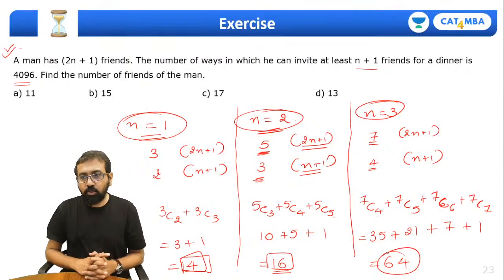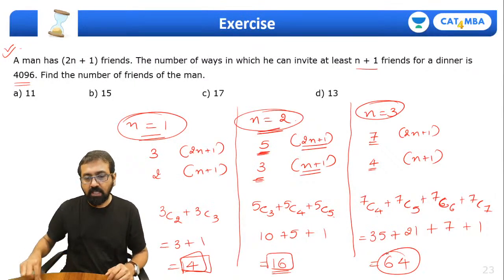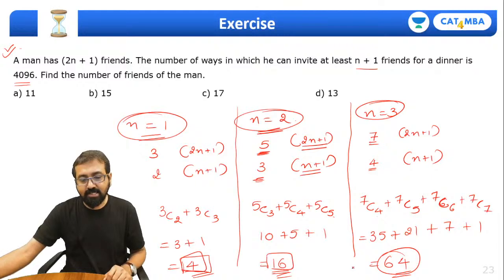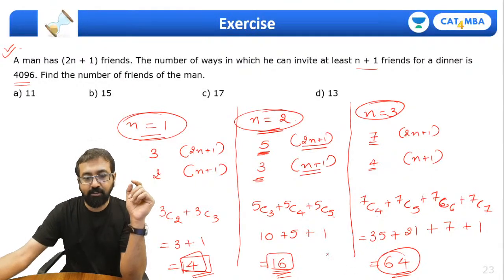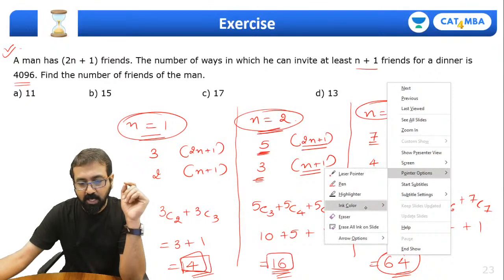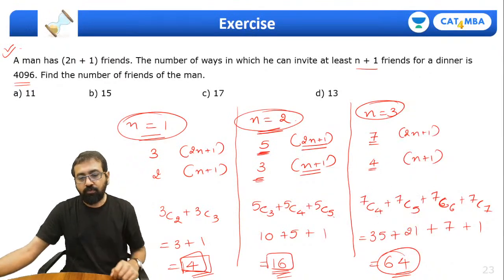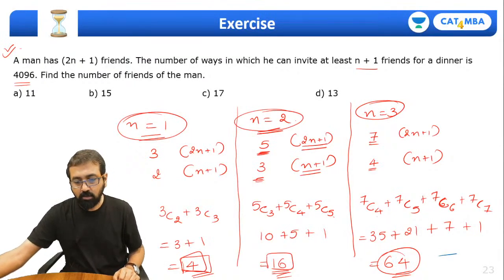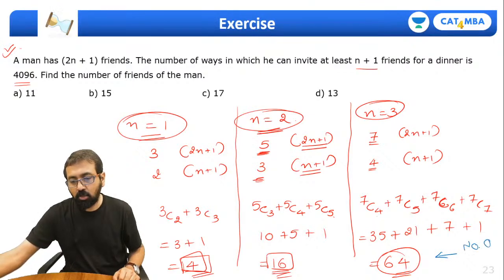Are you able to see some pattern? So these are the number of ways to invite. Okay, so can I say 64? Now listen to me carefully, everyone. I'm explaining the last part of this question. These are all nothing but the number of ways of inviting.